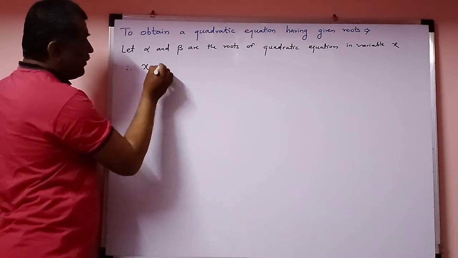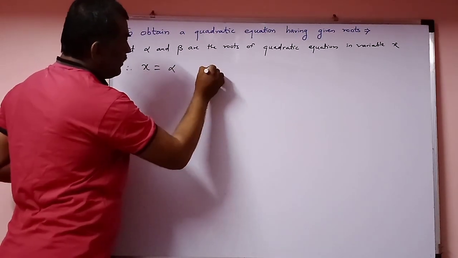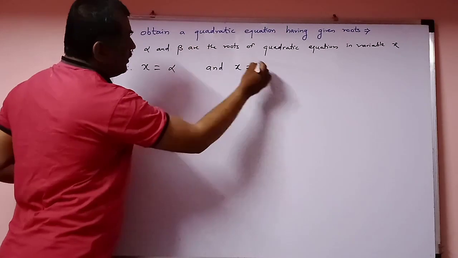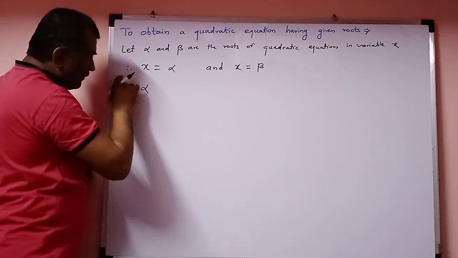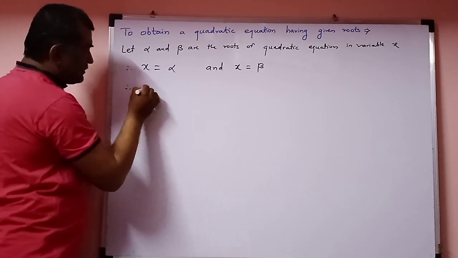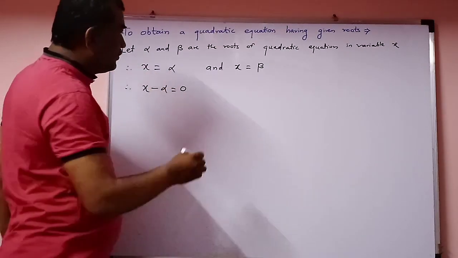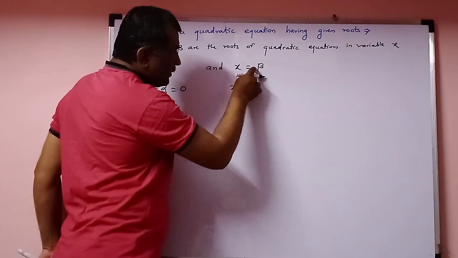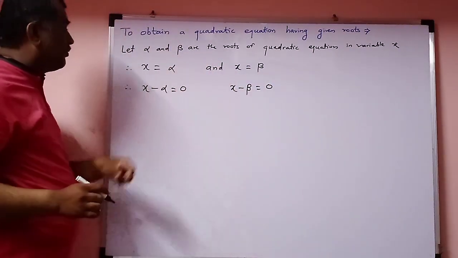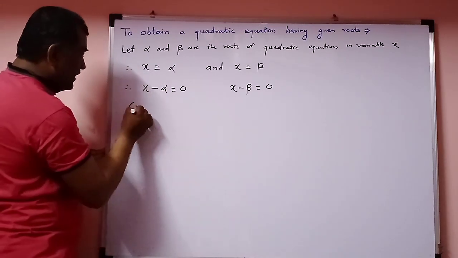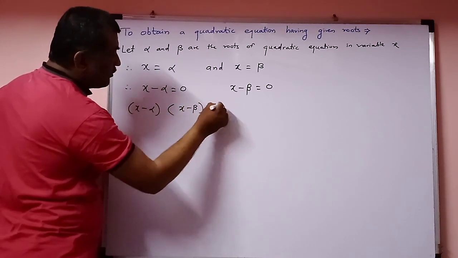Therefore, value of x is equal to alpha and another value of x is equal to beta. Therefore, x minus alpha is equal to 0 and x minus beta is equal to 0. Now what do we do with this? We take the product. x minus alpha into x minus beta is equal to 0.